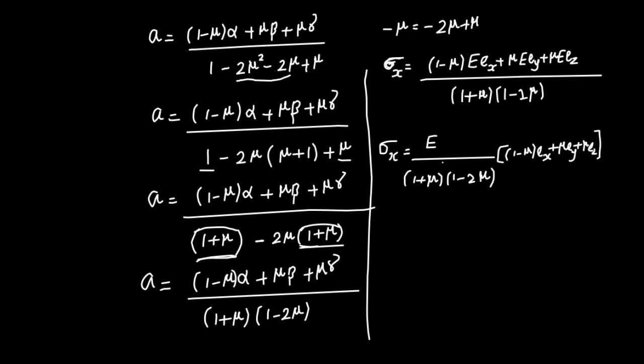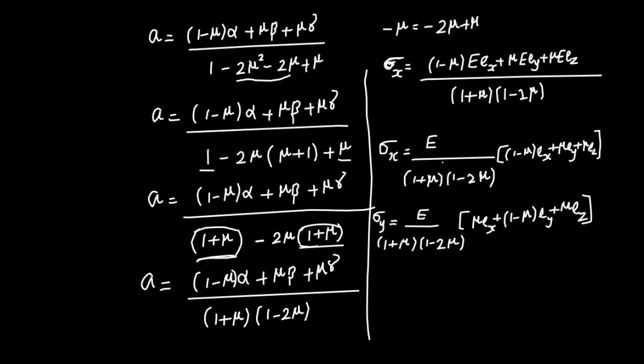In exactly the same manner, you can get the value of the normal stress along the y direction, in which case it will be capital E divided by 1 plus mu into 1 minus 2 mu, into mu into Ex plus 1 minus mu into Ey plus mu into Ez.